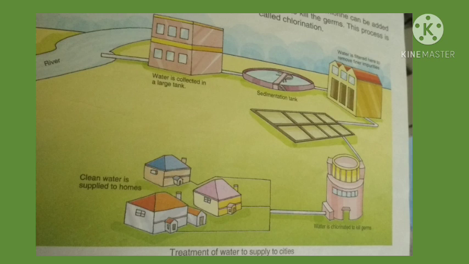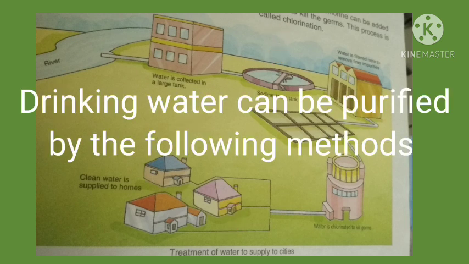Chlorine gas and chlorine tablets kill the germs present in the water, so it disinfects the water. Okay, so we get clear drinking water. This clear drinking water is stored in the overhead tank. Then it is distributed for domestic purposes. So this is how we are getting the drinking water from the municipality.